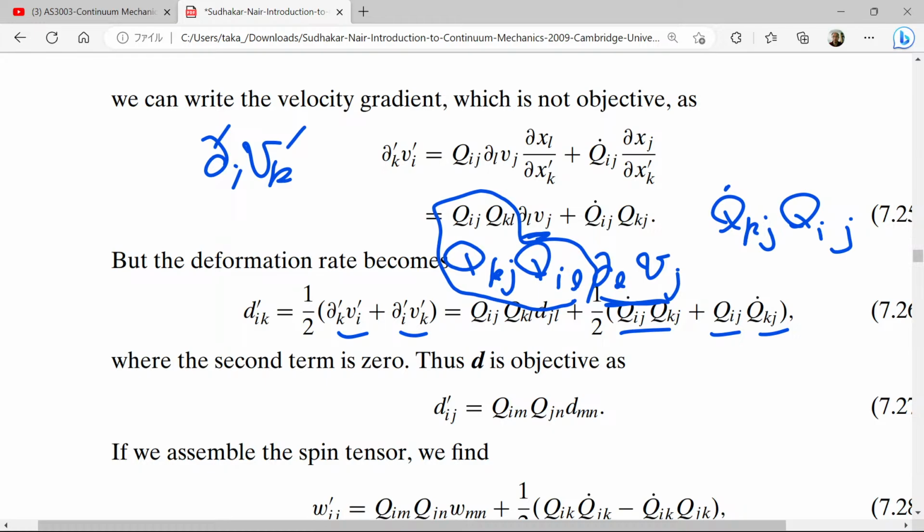So this is more like symmetric: ijkl, kjil.